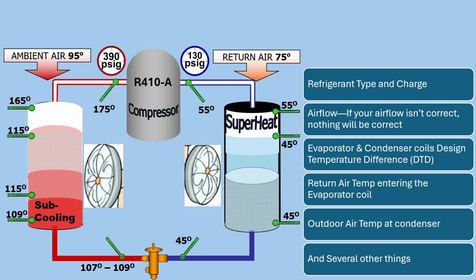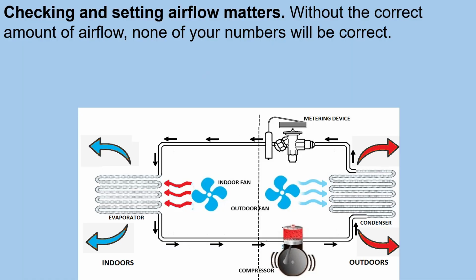Those all determine whether this unit is going to operate correctly or not at a given set of conditions. Checking and setting airflow matters. Without the correct amount of airflow, none of your numbers will be correct. You need 400 CFM per ton for AC, 450 for heat pump, unitary equipment.